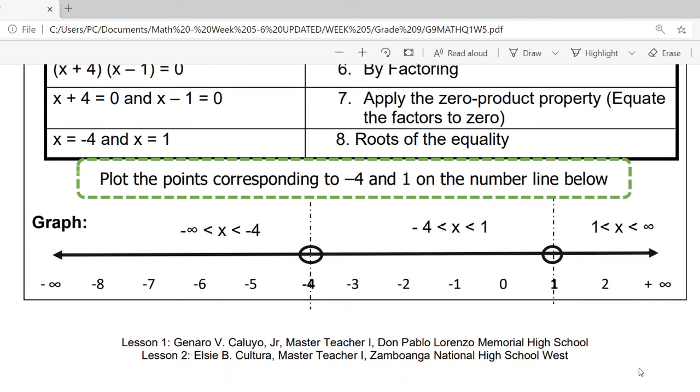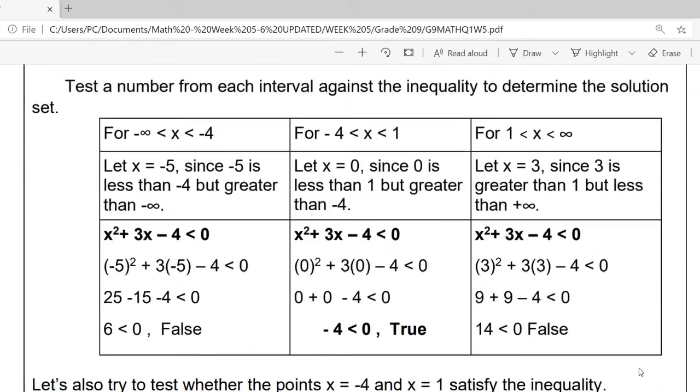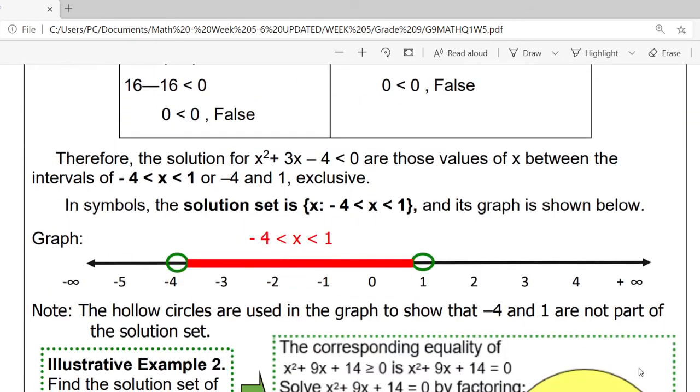So the only solution set to the given quadratic inequality is in between negative 4 and 1. The solution set is the set containing x such that x is greater than negative 4 but less than 1.